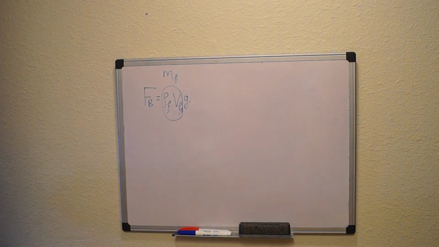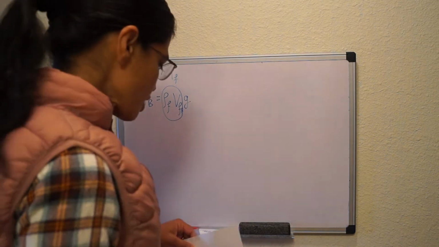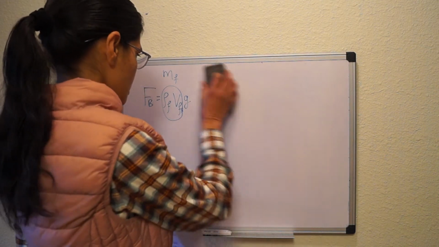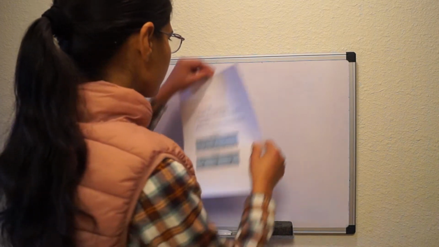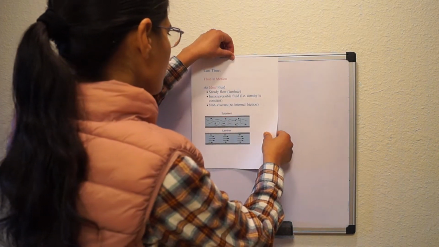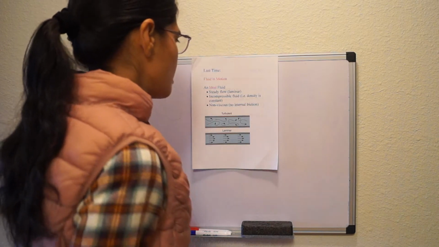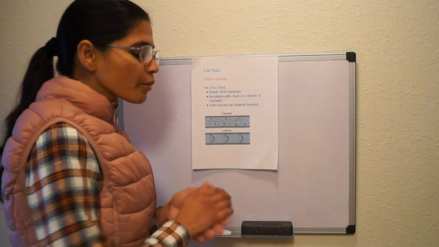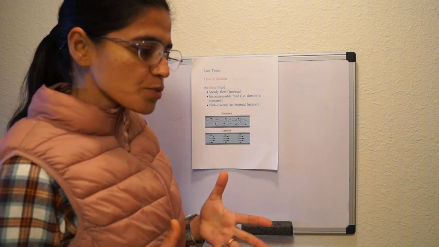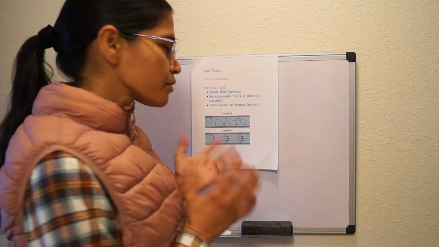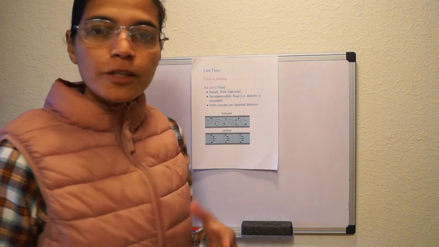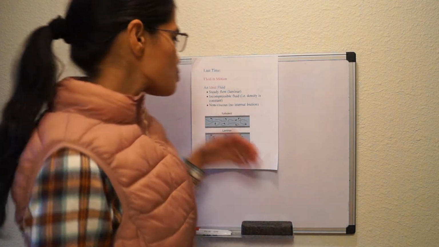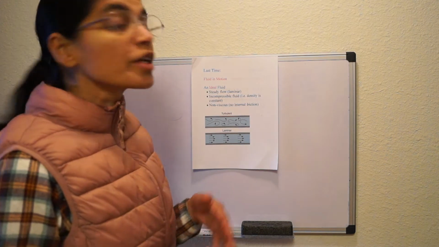We also learned about ideal fluid, right? So what does an ideal fluid have? We are making some assumptions about the ideal fluid, saying what kind of character the fluid needs to have to be an ideal fluid, and we use this for fluid in motion.